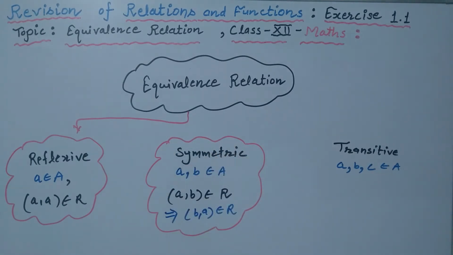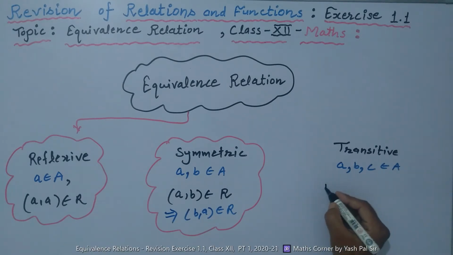Likewise, for transitivity, we take three elements a, b, c which belong to the given set A. Now there are two things.